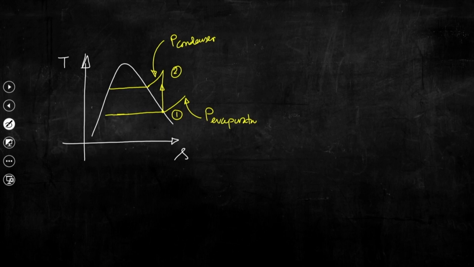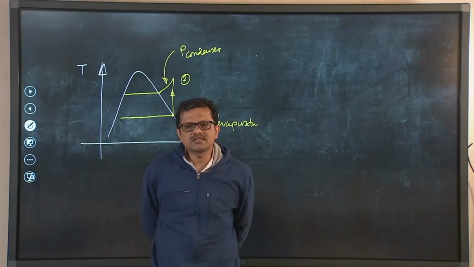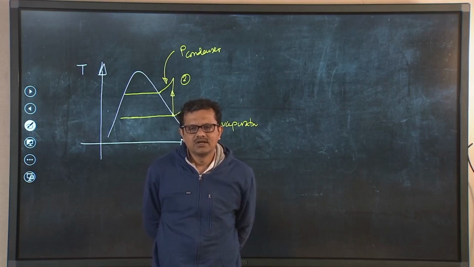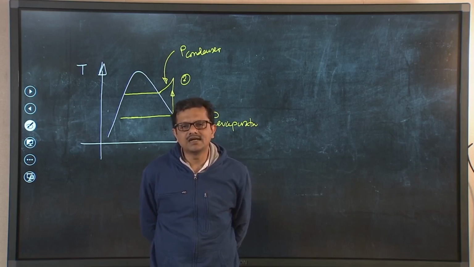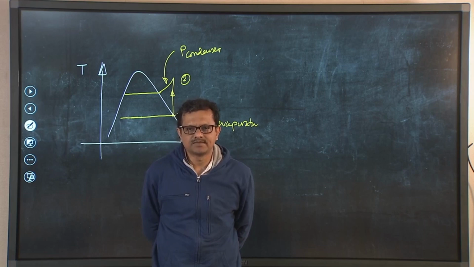Now, state point 2 is the exit state of the compressor, or the inlet of the condenser. Now, there is basically condensation, but we have discussed in the context of the steam power cycle that designing a condenser which will allow partial condensation is very difficult.